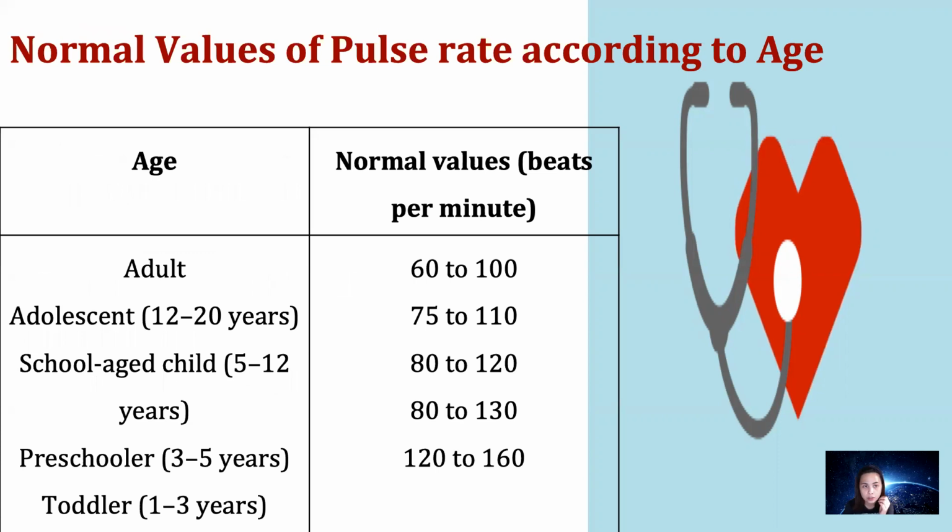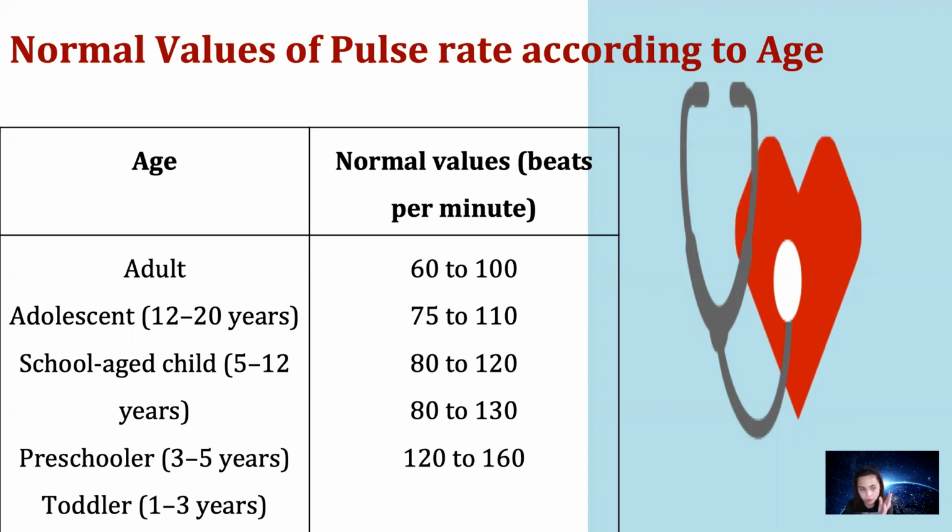Okay, so the normal values of pulse rate according to age, we have the adult until the toddler. So remember that the adult normal pulse rate is 60 to 100 beats per minute.